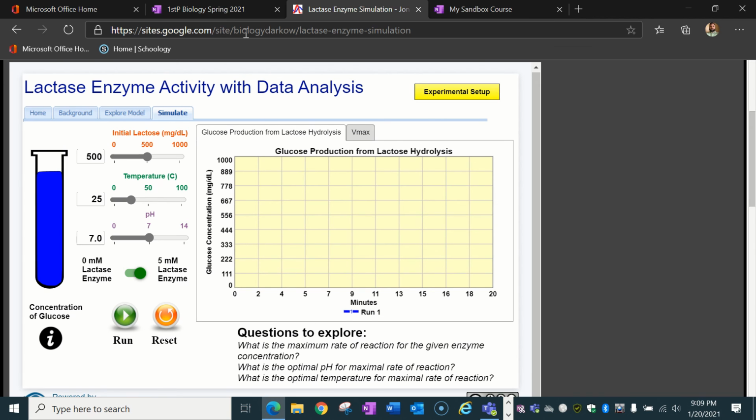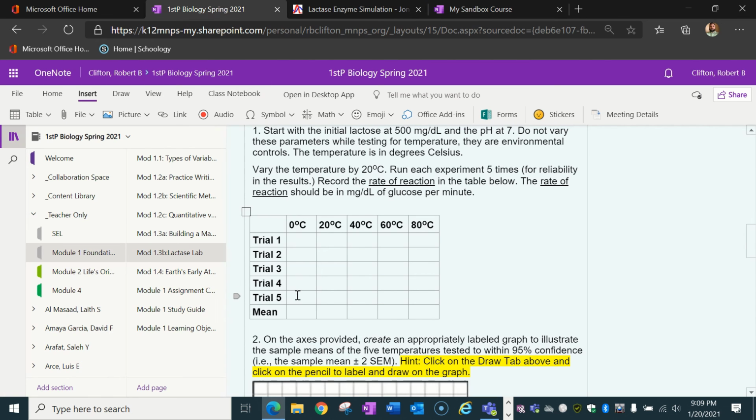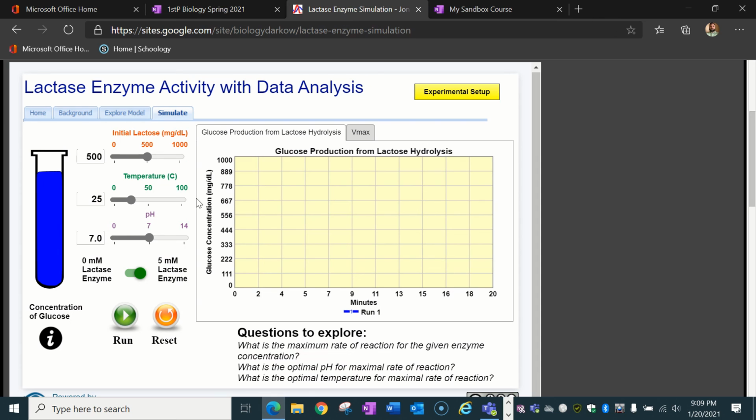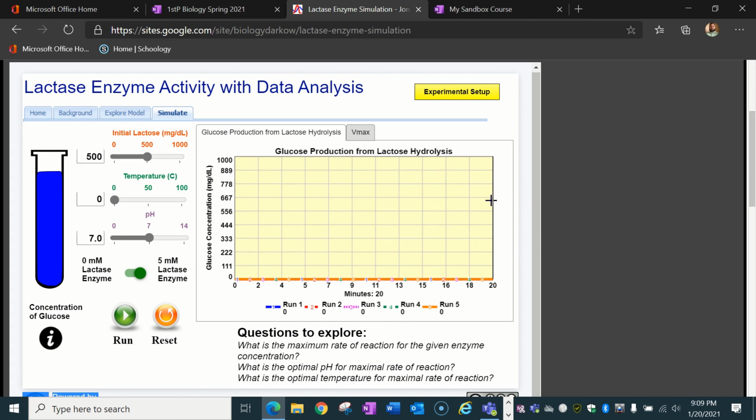So then for each temperature, you're going to run the trial 5 different times to get a number. What's really nice is that for 0, let's do 0 degrees for this one, you can hit run 1, run 2, run 3, run 4, and then run 5. So it does all 5 runs for you.